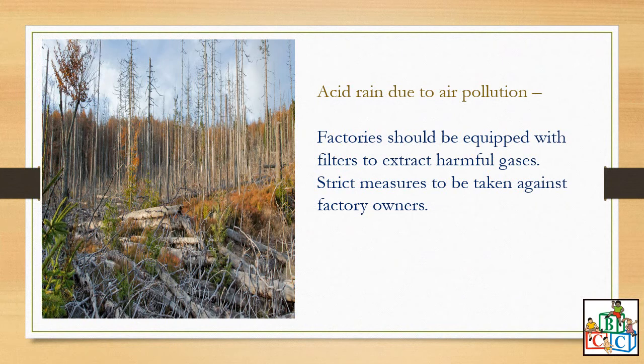This one you have acid rain due to air pollution. Acid rain means very harmful gases get mixed with the rainfall. Factories should be equipped with filters to extract harmful gases so that these gases don't go up in the air.